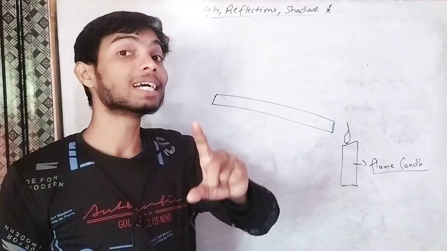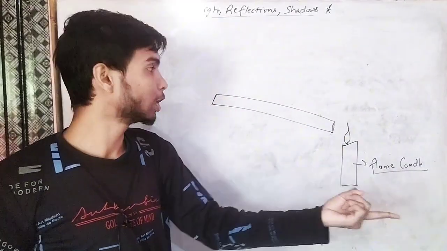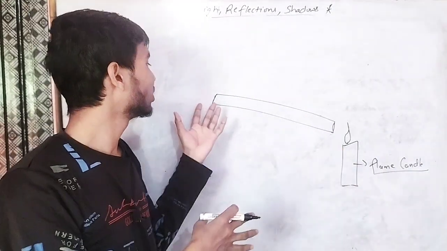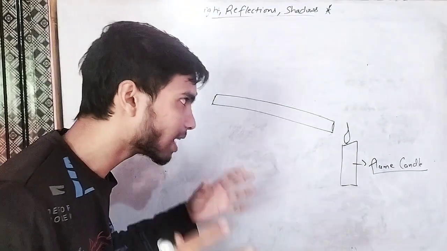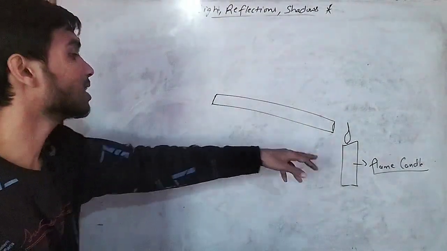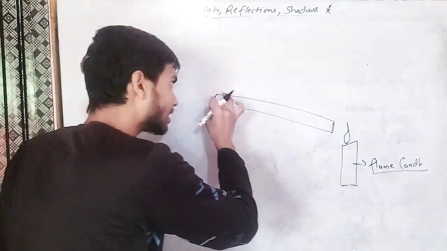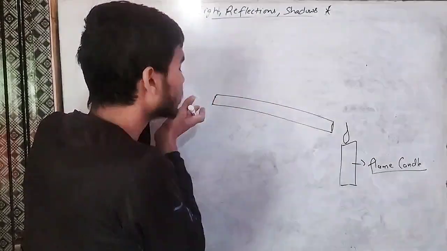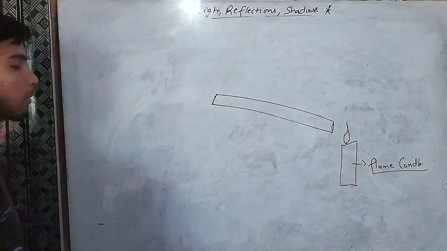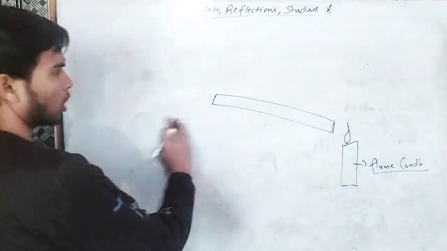Now our eyes are able to see the flame candle, because light is able to go inside the pipe.